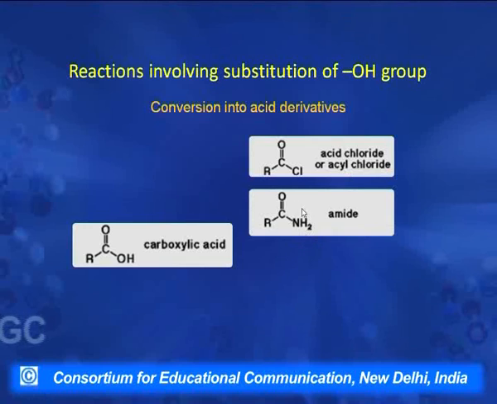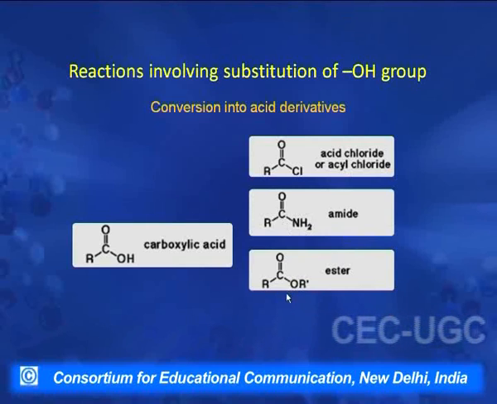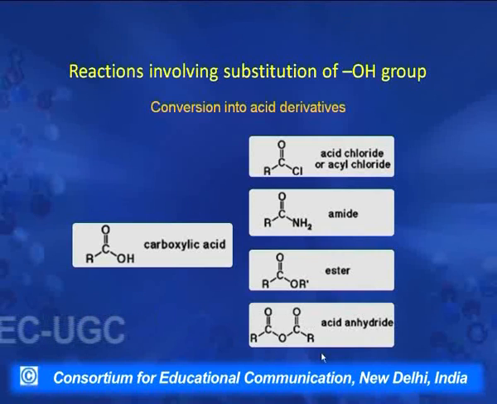If it is replaced by NH2, the compounds are called amides. If it is replaced by an alcohol, they are called esters, and if by another acid molecule, then they are called acid anhydrides. These are the 4 reactions where the OH group of the carboxyl group is involved, and we study them under the reactions of the OH group. Now, how can acids be converted into these functional derivatives?